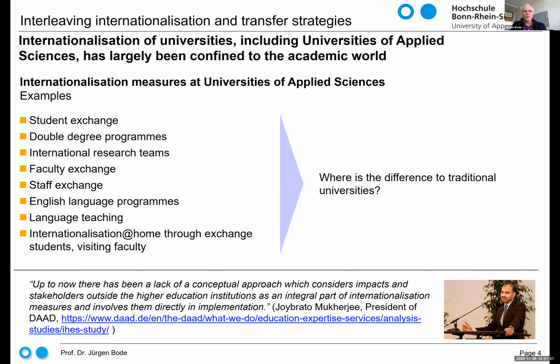And this is also supported by the president of DAAD, Professor Mukherjee, who also states that there is not yet a conceptual approach available that links internationalization with activities in the society, or with transfer, as we call it.